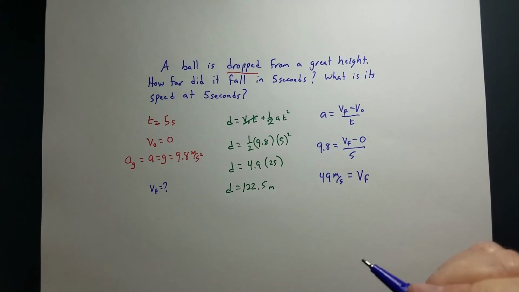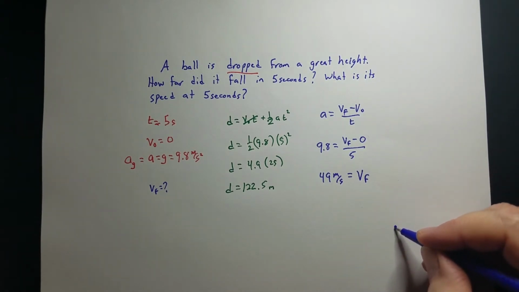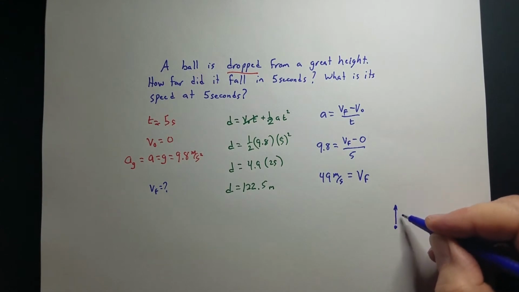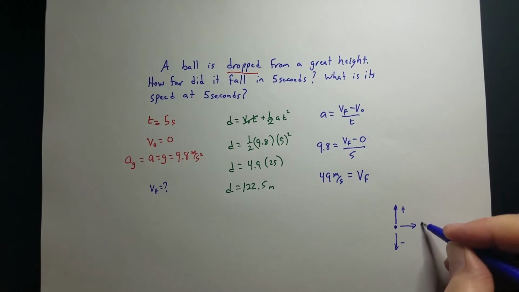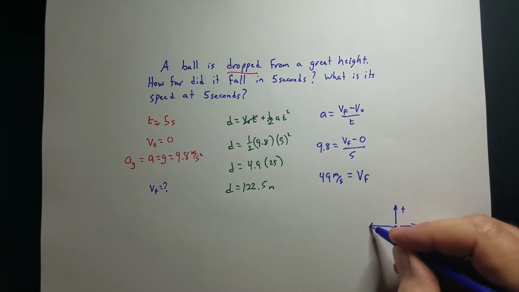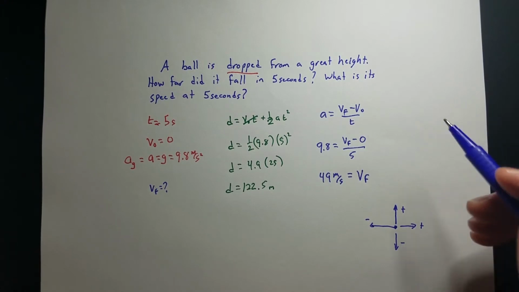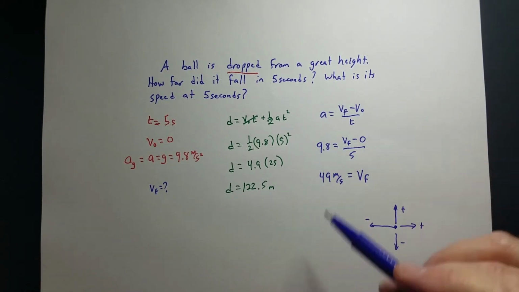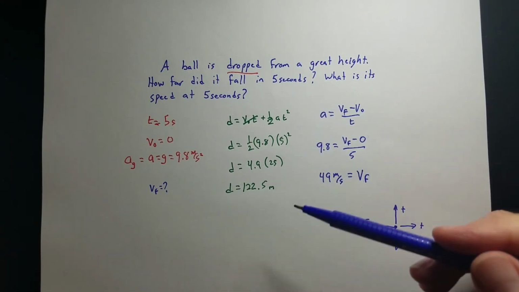Now there's one thing I need to say about this. Traditionally, we like to say up is positive, down is negative, right is positive, and left is negative. But we're not restricted by that. In this problem, everything was acting down. Acceleration was down. My velocities were all going to be down.